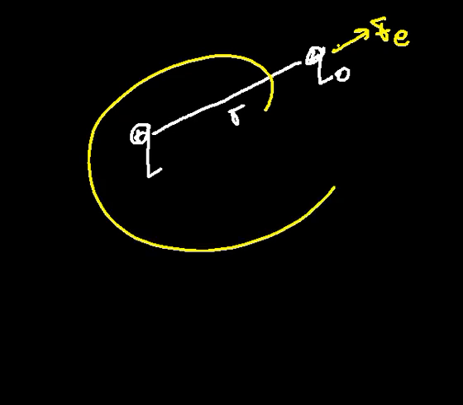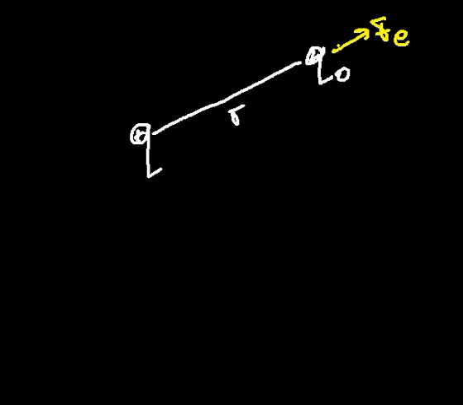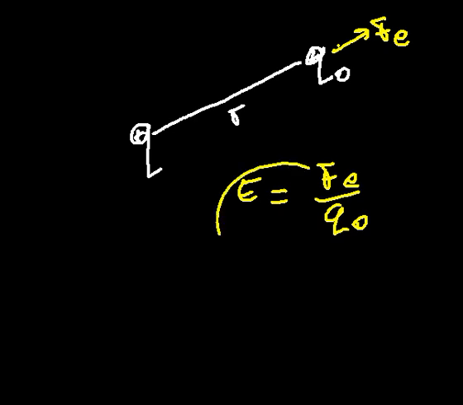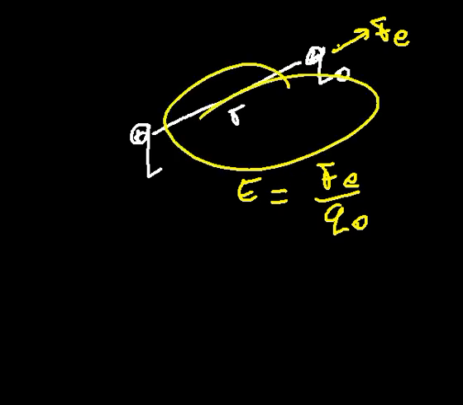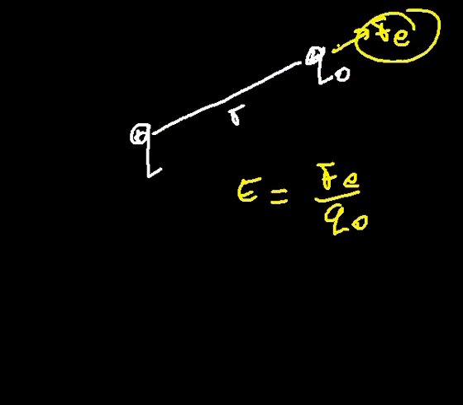And this region is said to be the region of electric field, and we discussed that the electric field is given as Fe, that is the force, divided by the test charge. This is how the electric field can be calculated, the field within this region due to the electrostatic force.